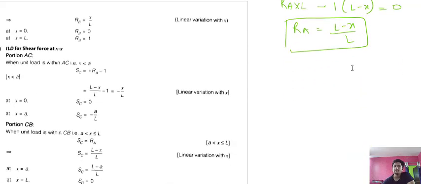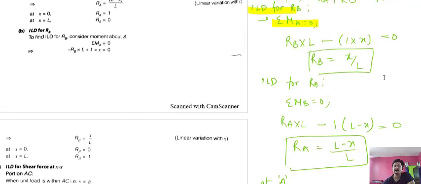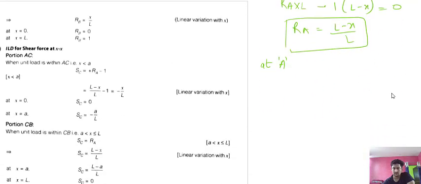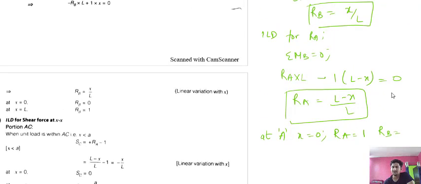Now while making the influence line diagram, you need to consider the boundary conditions. At point A, the x value was 0. So when x equals 0, RA equals 1, and RB, which is x upon L, will be 0 because x is 0.